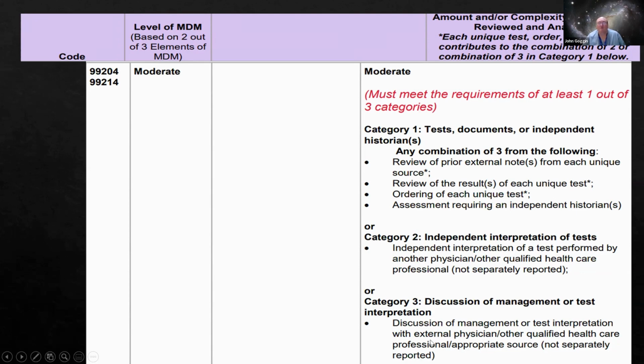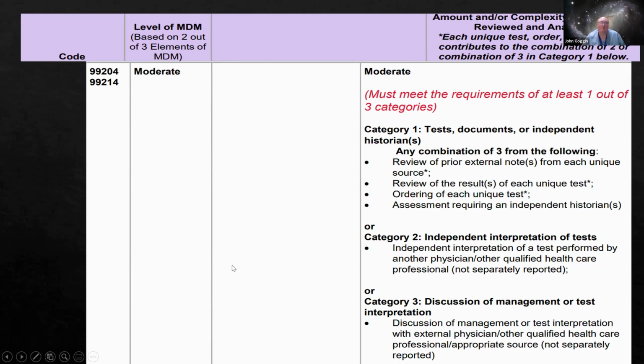It's an external physician, however. So if you're in a multidisciplinary group and ask your primary care physician partner if they think that something's appropriate or what have you, then that would count.